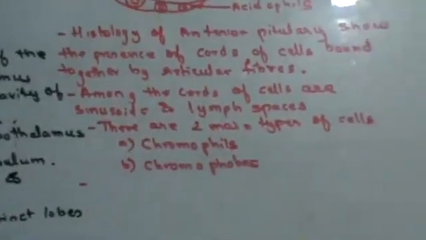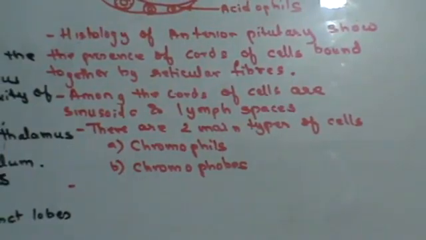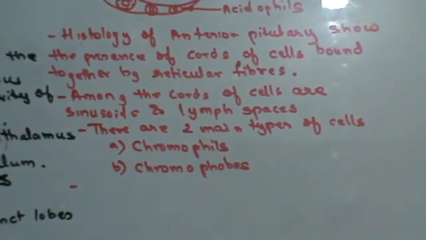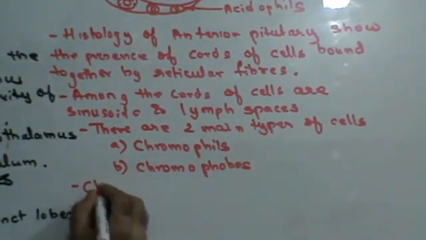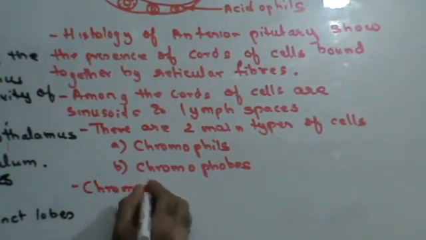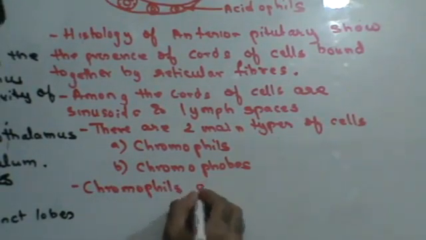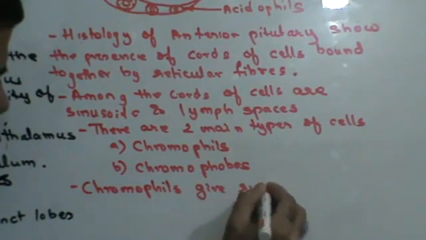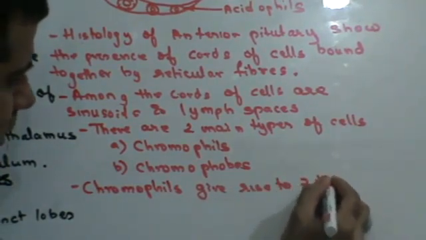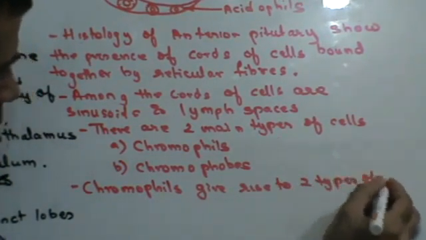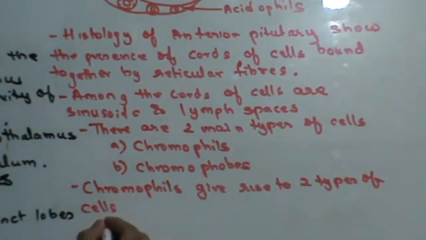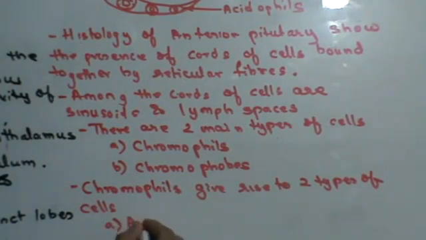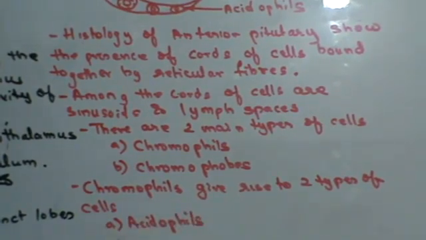Fine. Now, chromophils give rise to two types of cells again. They are acidophils and basophils.